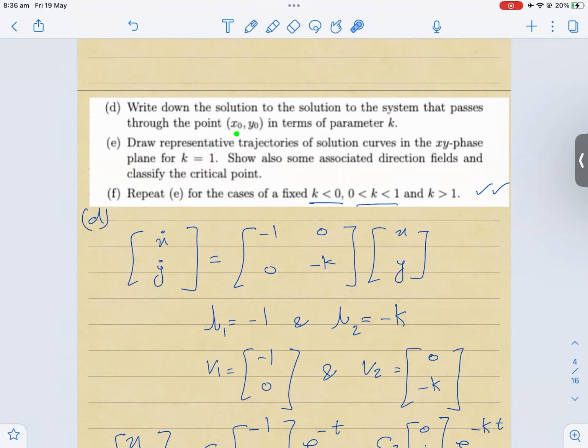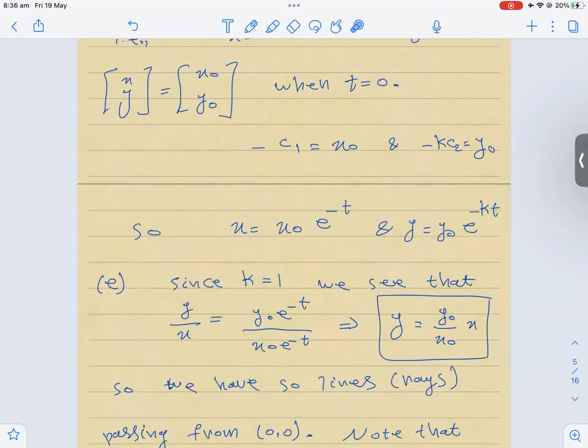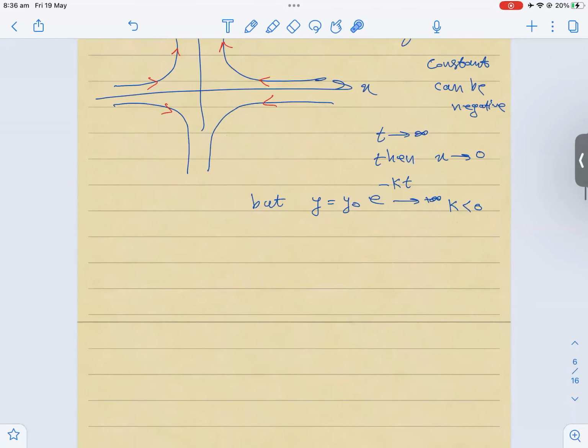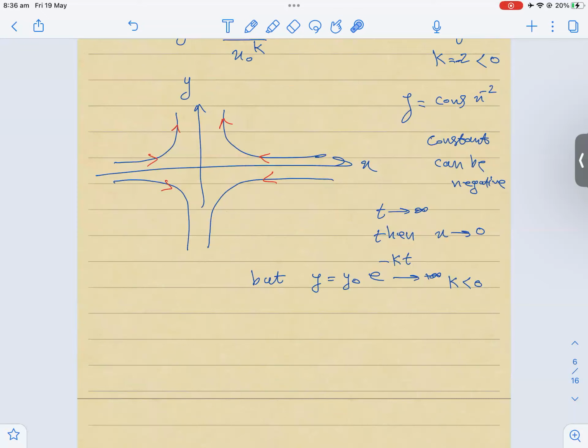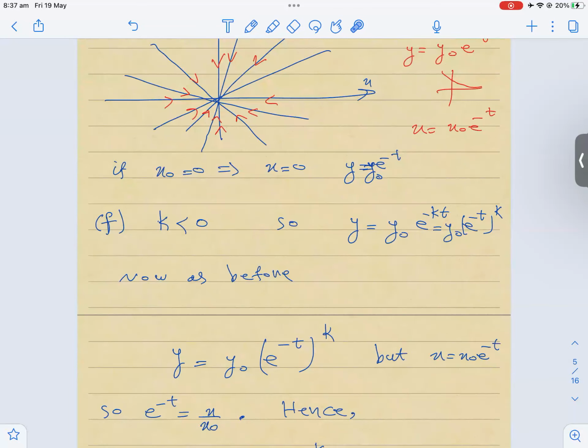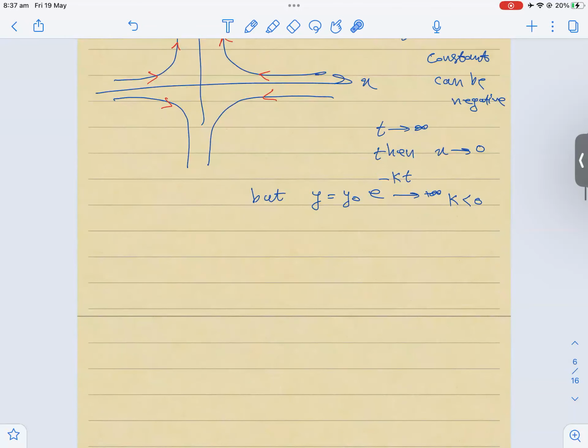So would that only work for the case where k is a negative integer? If k is not an integer, it will yield a complex solution. If x0 was negative and k was a negative fraction, it would give a complex coefficient.